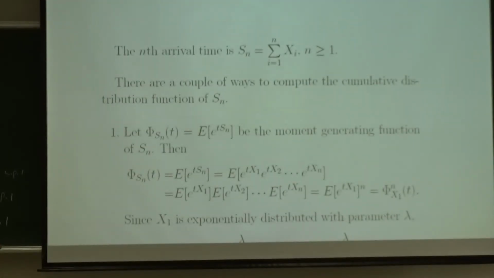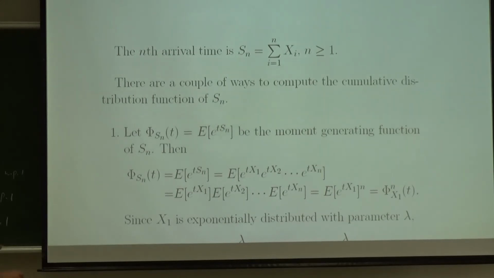Now we go back to the arrival time. We know the arrival time is the sum of the interval times, and we already know the xi's are IID, so they are independent. If you want to know the distribution of Xn, you can apply the results from elementary probability theory.